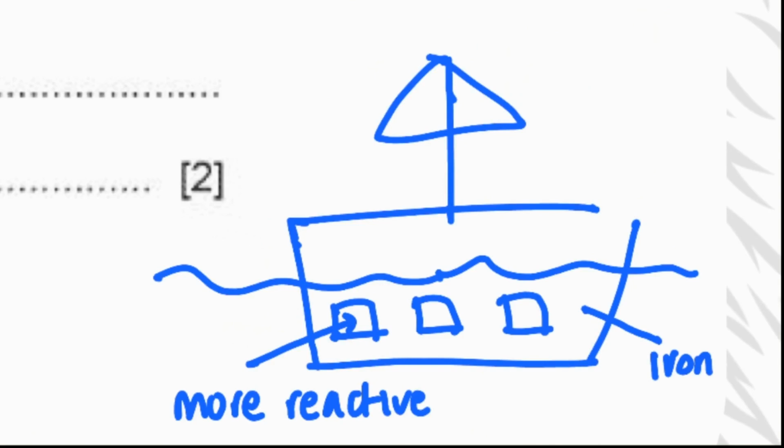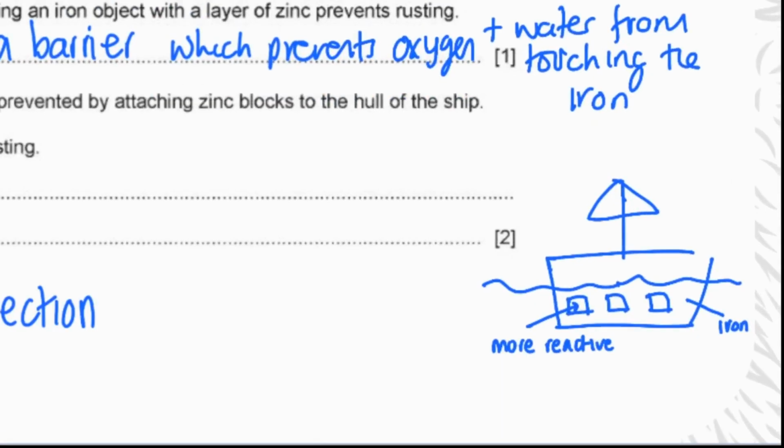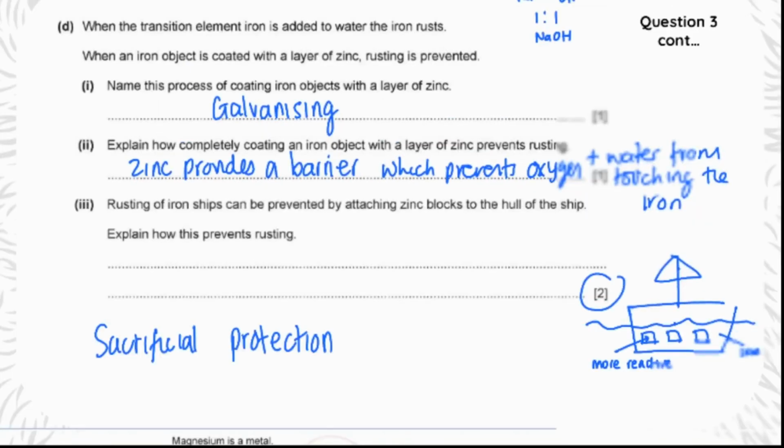Because it's more reactive, the oxygen and the water is going to react with the zinc in preference to the iron, because it's easier. So these zinc blocks are just going to sacrifice themselves, and the iron is going to remain unoxidized.